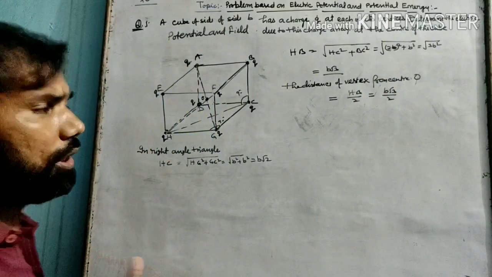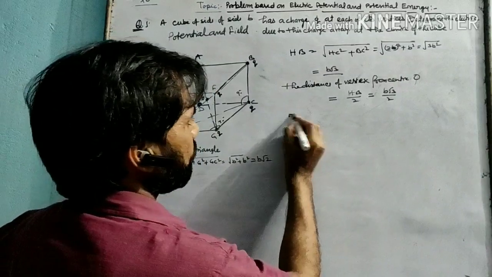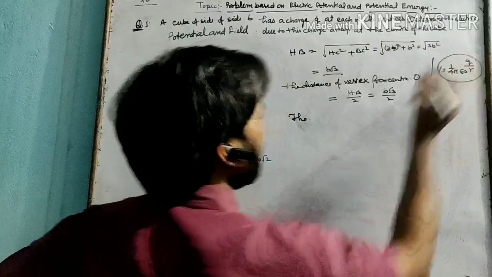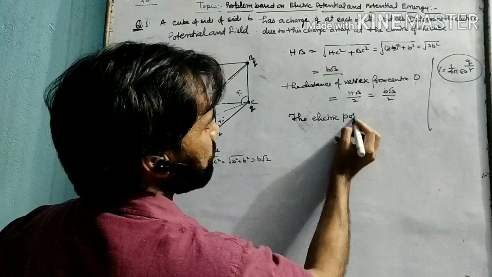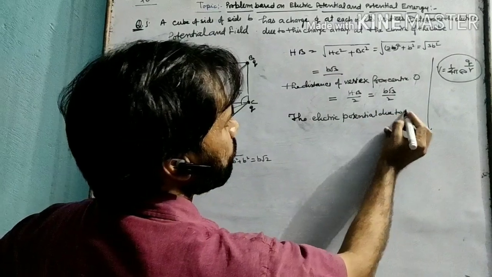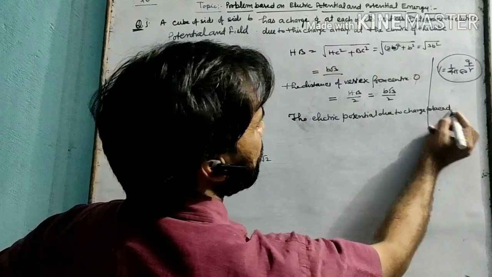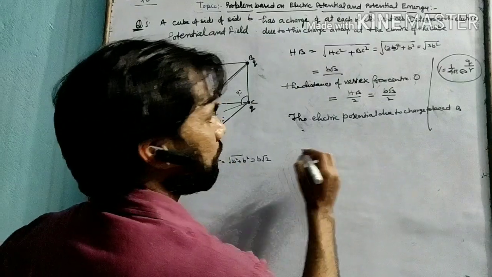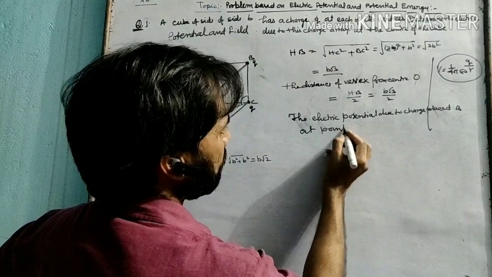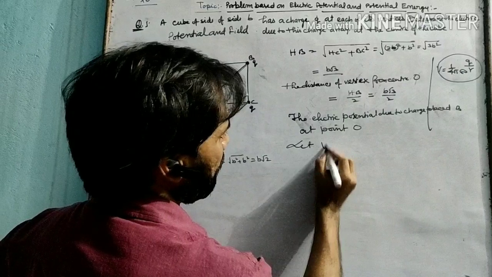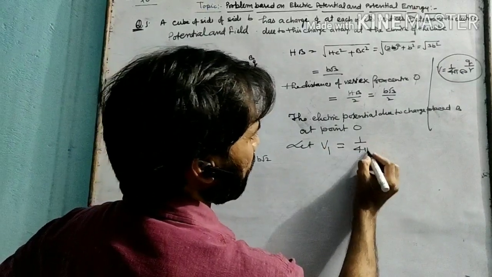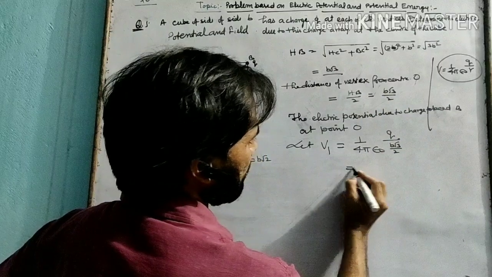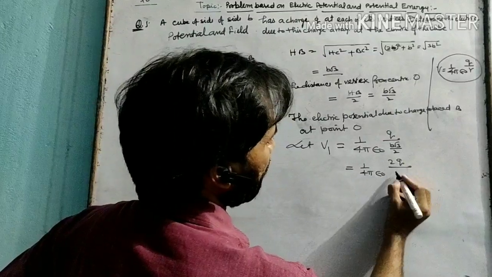Okay, as you know, the electric potential due to a point charge can be written as V equal to 1 upon 4 pi epsilon 0 Q upon R. So the electric potential due to the charge placed at B, at point O, let it be V1, is equal to 1 upon 4 pi epsilon 0 Q upon, in place of R we will write B root 3 by 2, and this is nothing but 1 upon 4 pi epsilon 0 2Q upon B root 3.